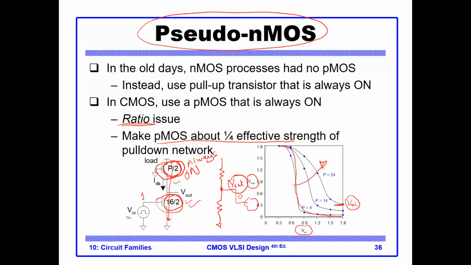And at the same time, you would want the PMOS to be strong so that it will pull up the output high in reasonable amount of time. And that's why this ratio issue makes this design not appropriate because of these issues, and designers have to be very careful when they use this type of design.